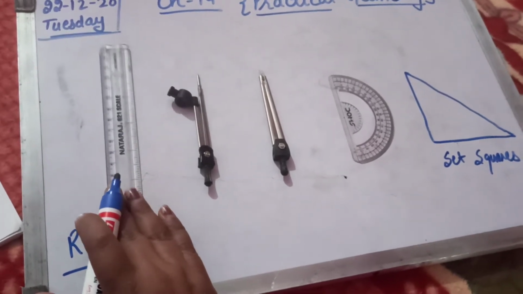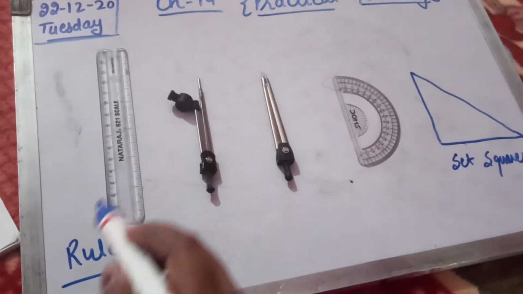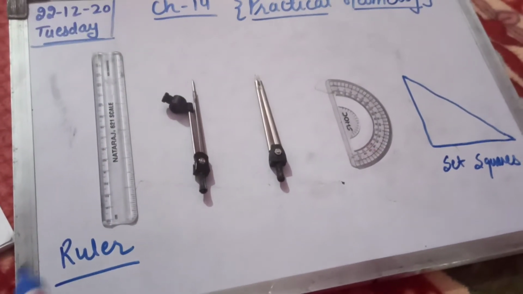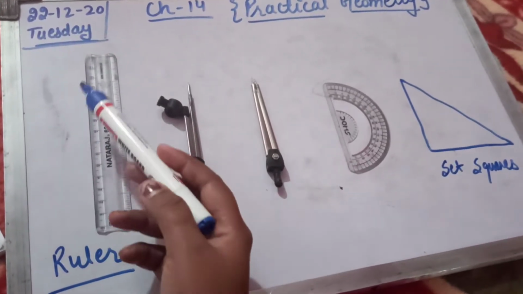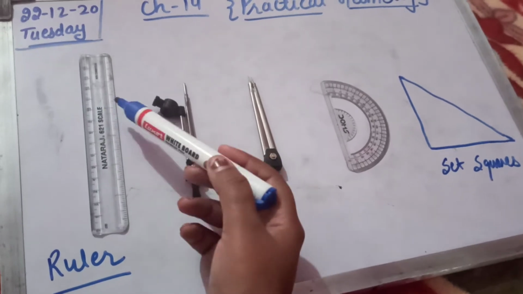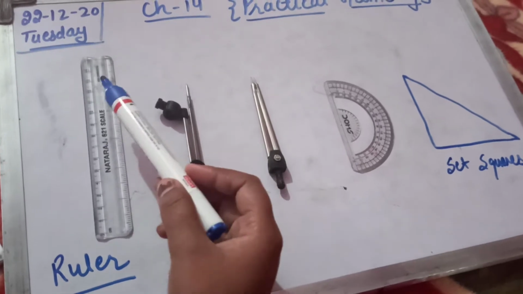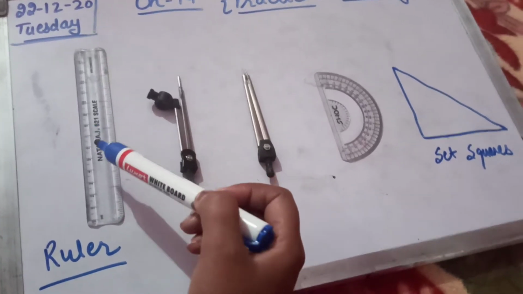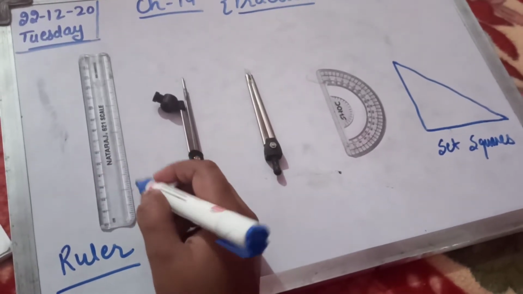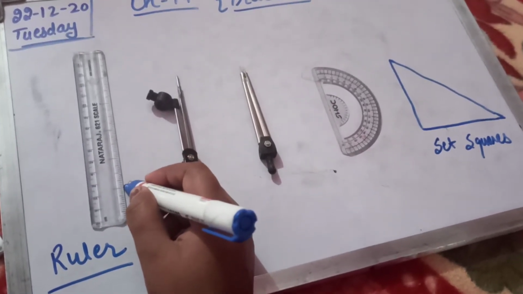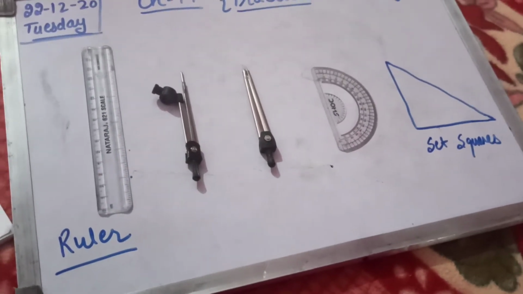So, first is its description. What is a ruler? A ruler is a flat rectangular object with markings, these are markings, right? Along both sides of the longer edges. One side is divided into centimeters, this side is in centimeters, and this one into inches. 1 inch, 2 inch, 3 inch, 4 inch, right?